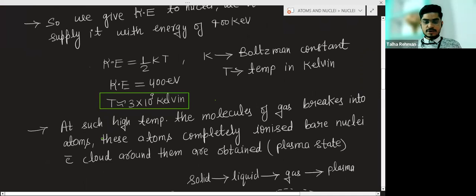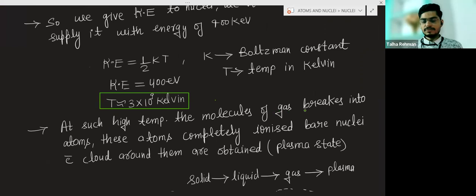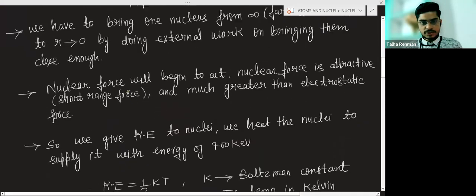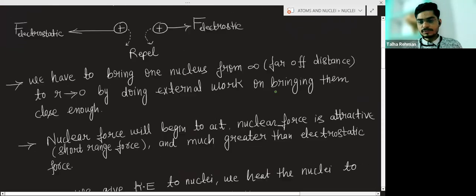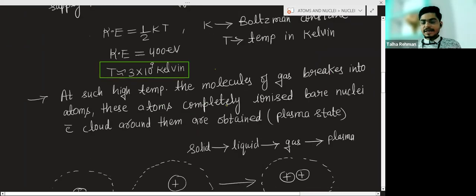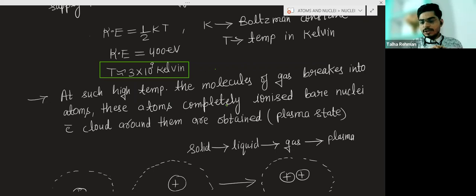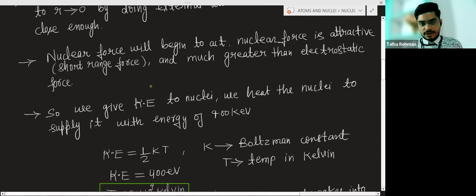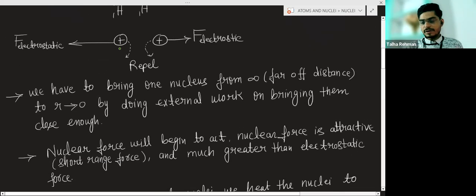But after that, at such high temperature, the molecules of gas, means the molecules of hydrogen, will break into atoms, and these atoms will be completely ionized. Obviously, all the electrons will be removed. Ionize means all the electrons will be removed. Here there is only one electron, so this one electron will be removed.